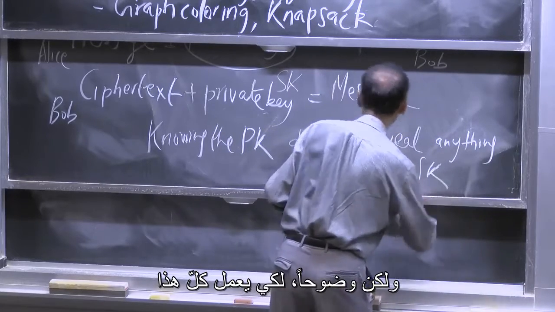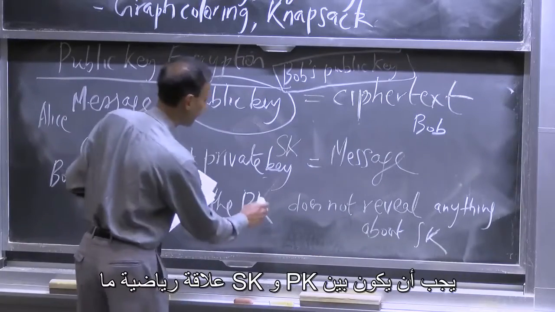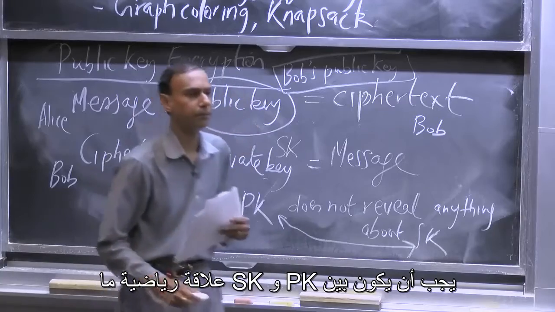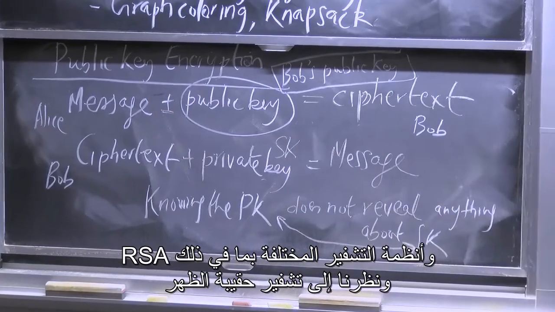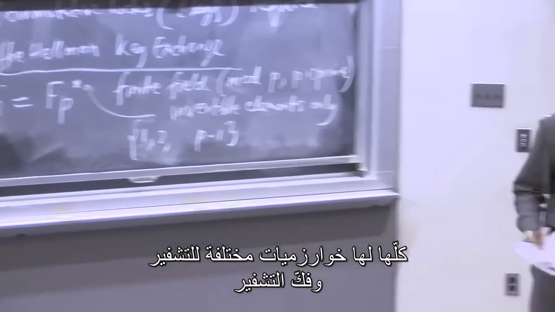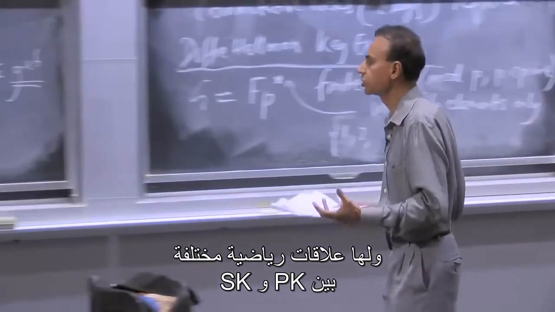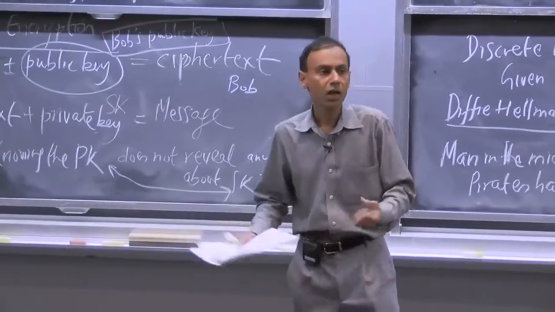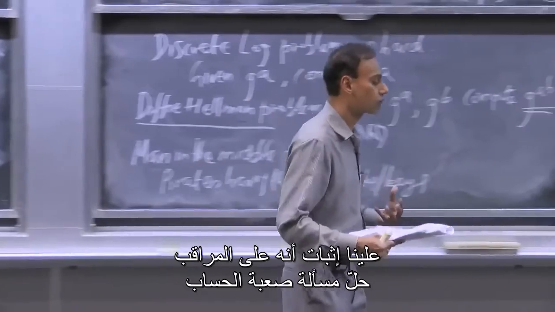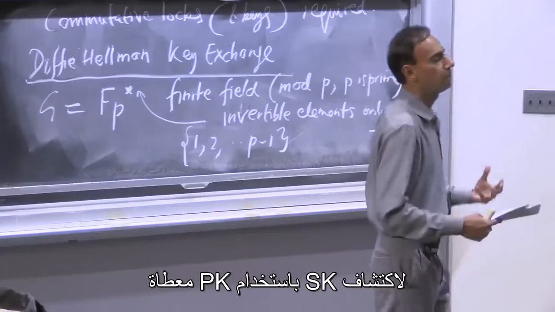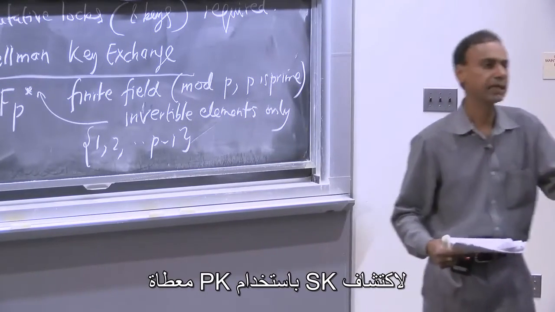But obviously, in order for this whole thing to work, PK and SK have to have some mathematical relationship, right? The different crypto systems, including RSA and a knapsack crypto system, all have different algorithms for encryption and decryption, and different mathematical relationships between PK and SK. For each of these relationships, you have to show that the adversary has to solve a computationally hard problem in order to discover SK given PK.